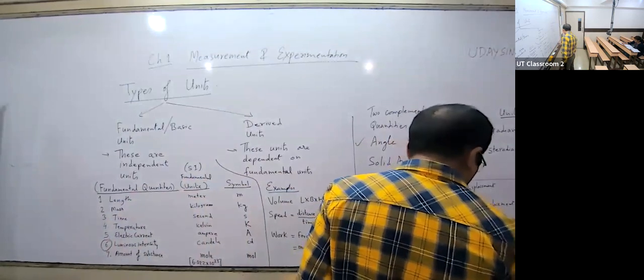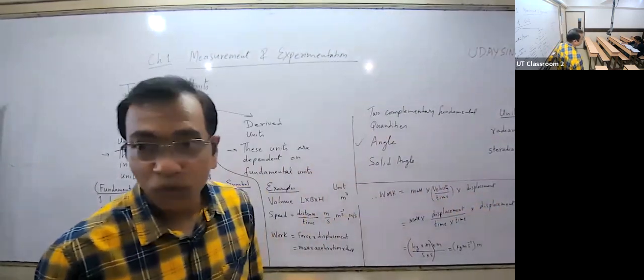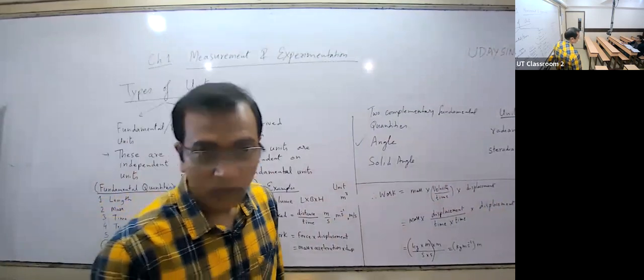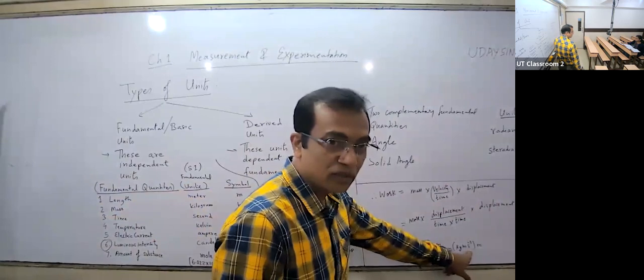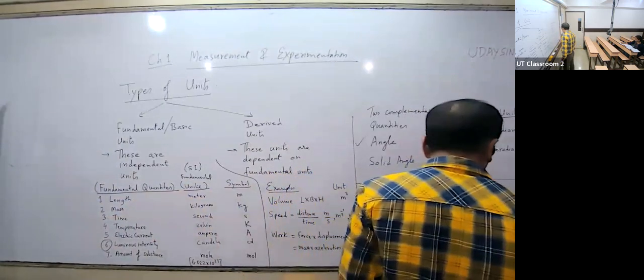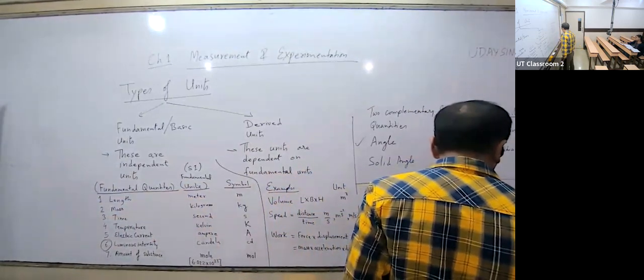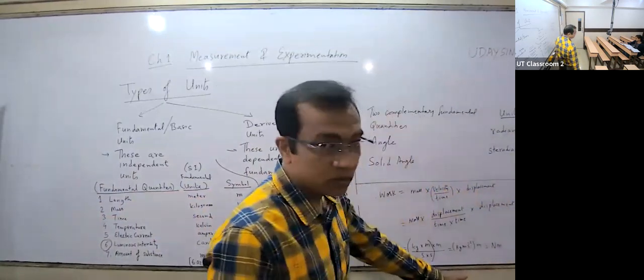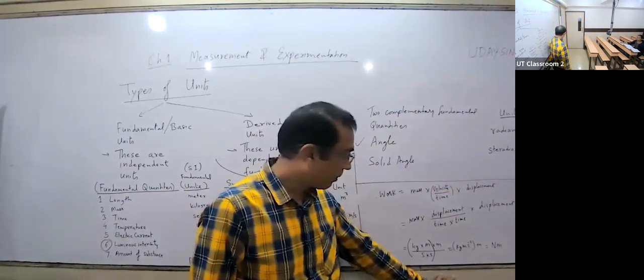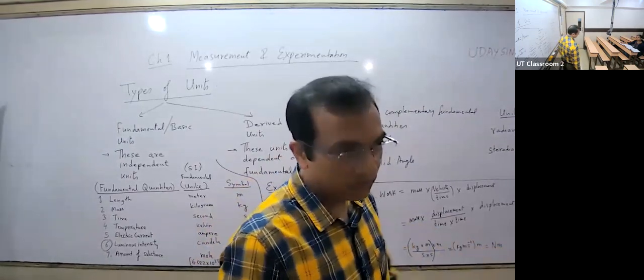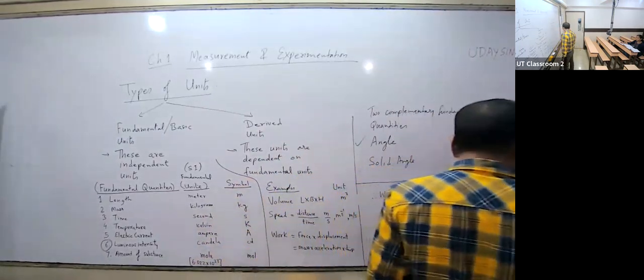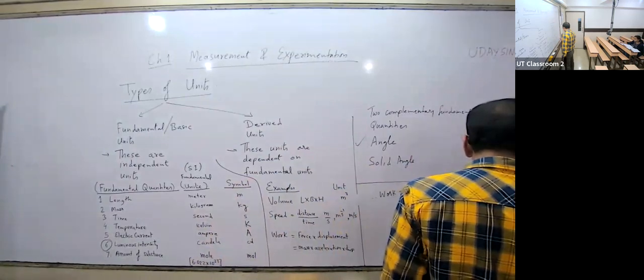This has got a special name. We call it Newton. The unit of force is Newton, which is this kg meter per second square. So since you're familiar with Newton, I thought I'll do it this way. And Newton meter is also called joule.